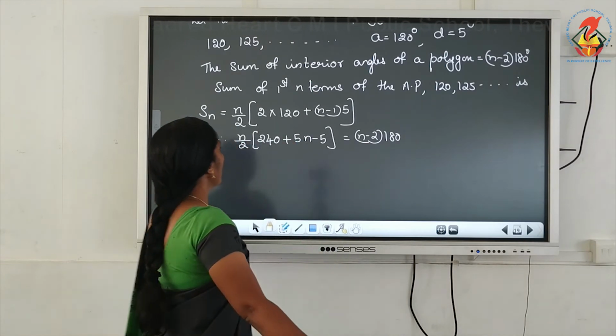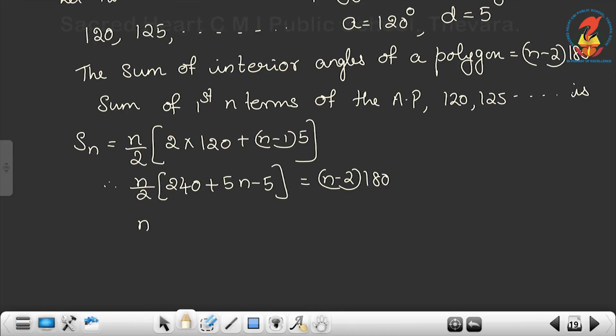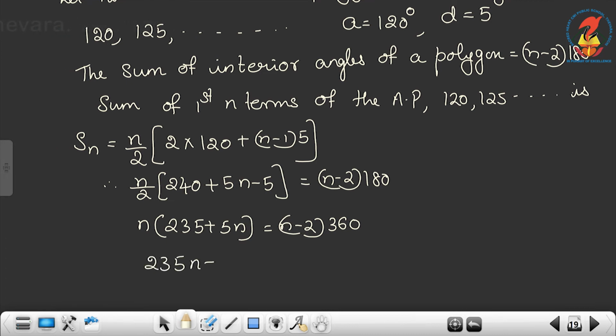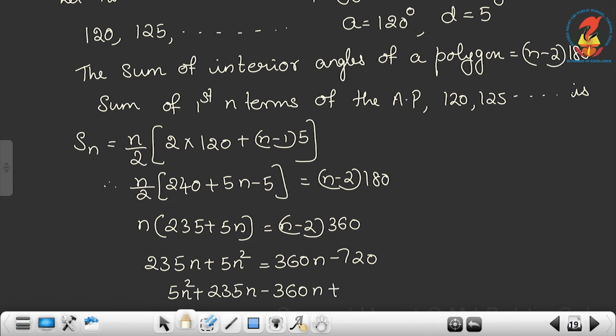Now, simplification: 235 plus 5n, taking n to this side, 180 into 2 is 360, open the bracket, 360n minus 720, or 5n square, 235n minus 360n plus 720 equal to 0.